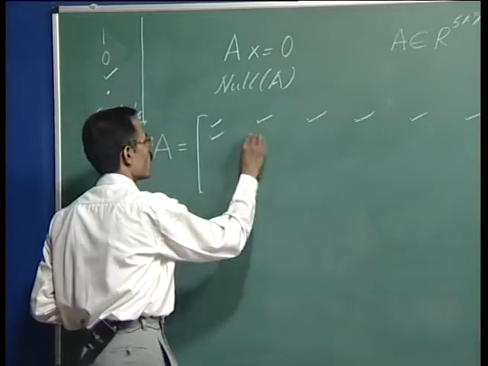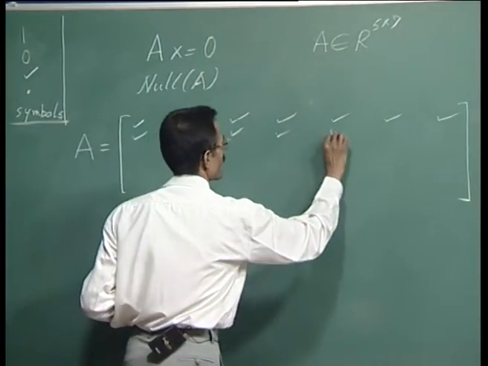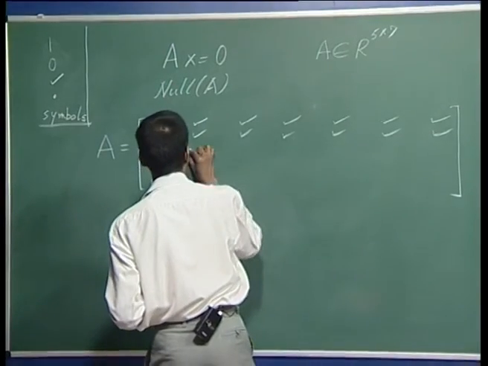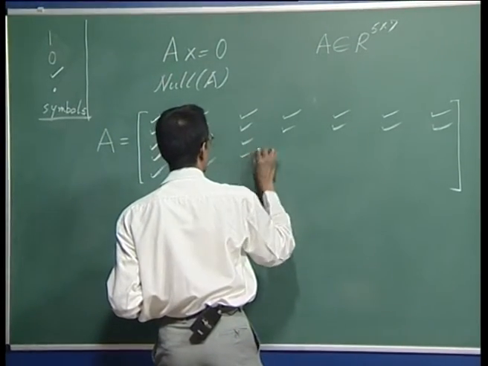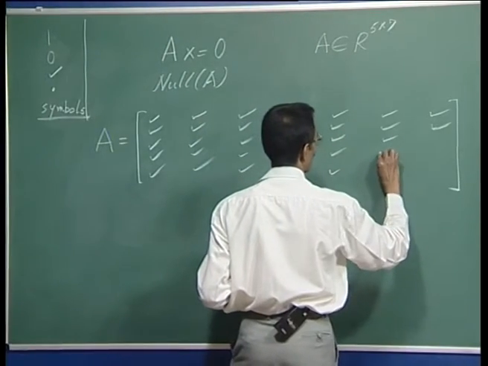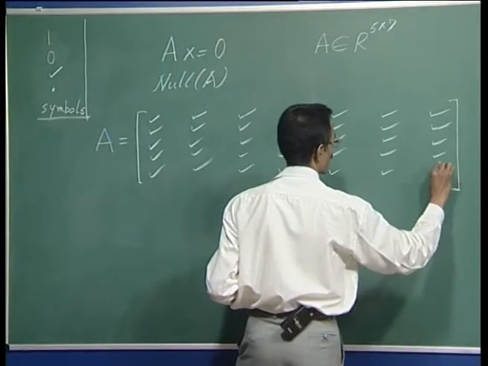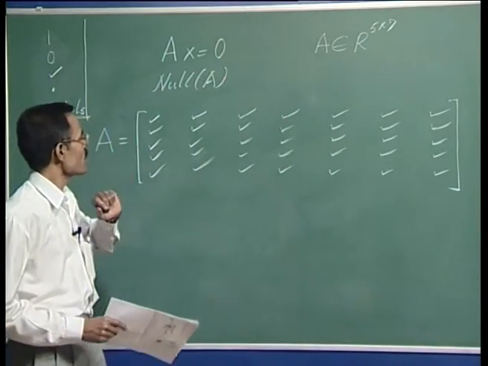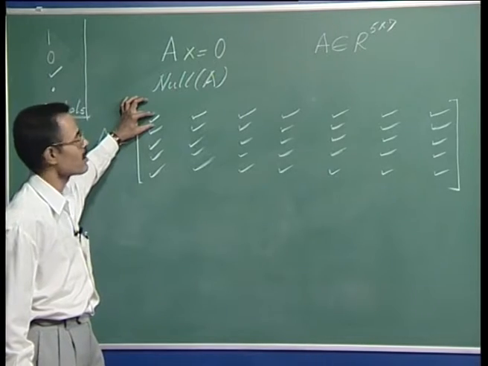So, first we have all, say, tick marks in a 5 by 7 matrix. Our first step to simplify this matrix is to find a 1 here.